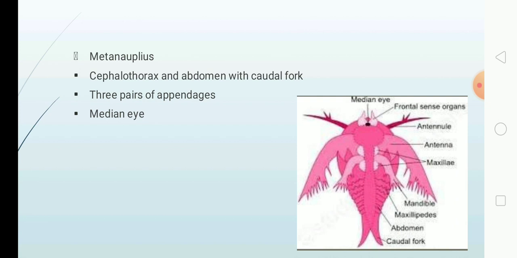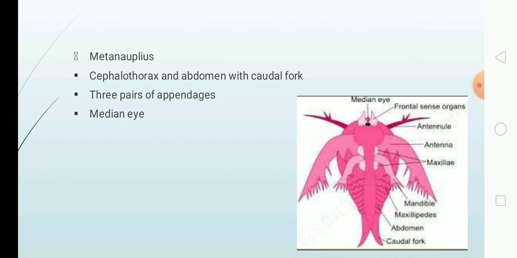The anterior end has a pair of frontal sense organs. The larva has three pairs of appendages, that is, the first pair is the antennules, and the second and third pairs are the antenna and mandible, similar to the Nauplius larva.